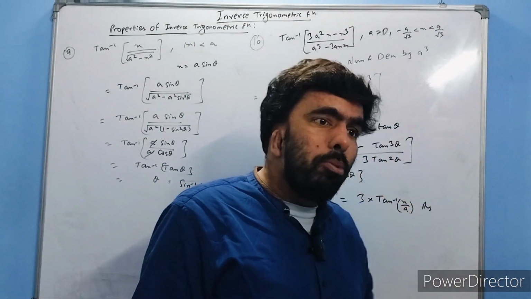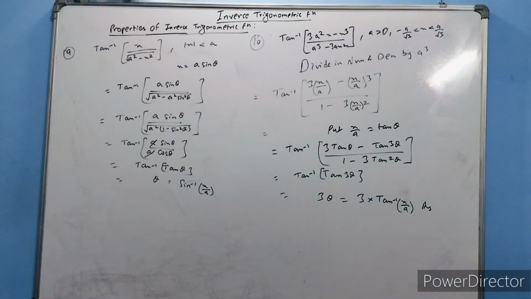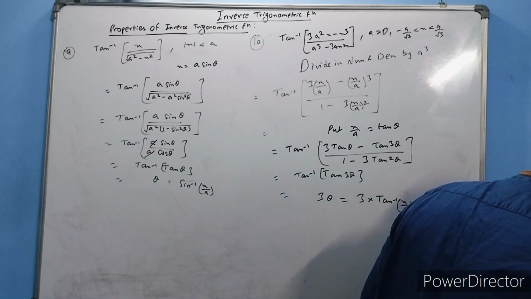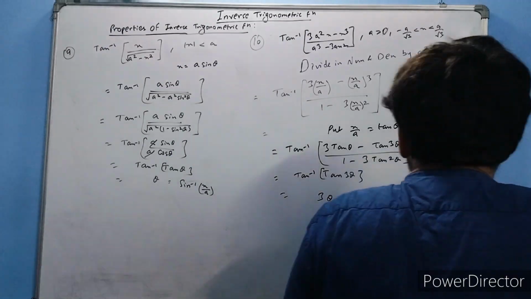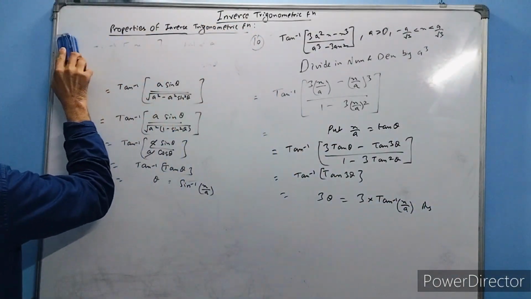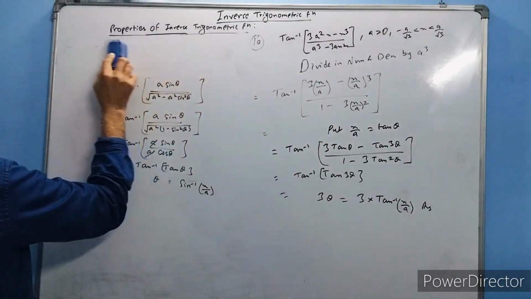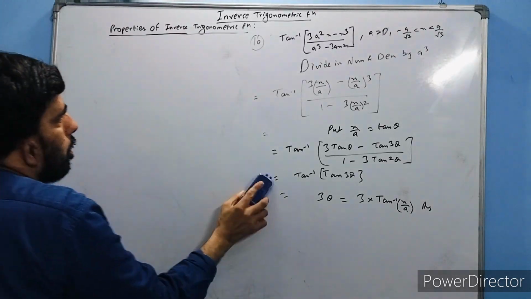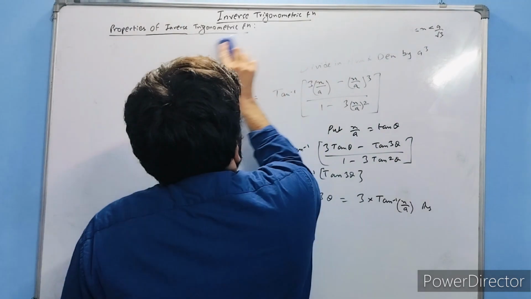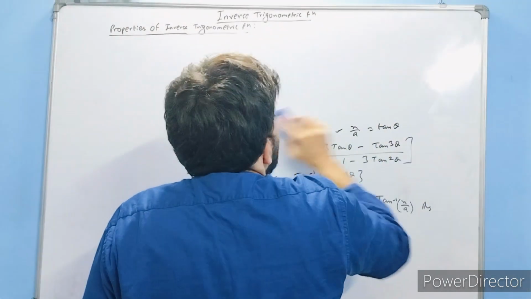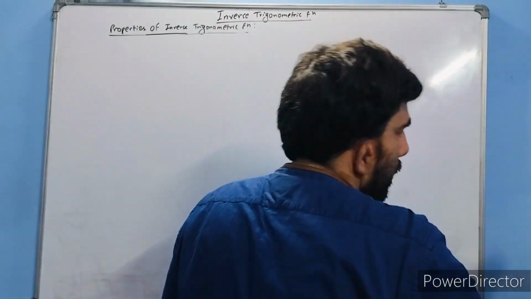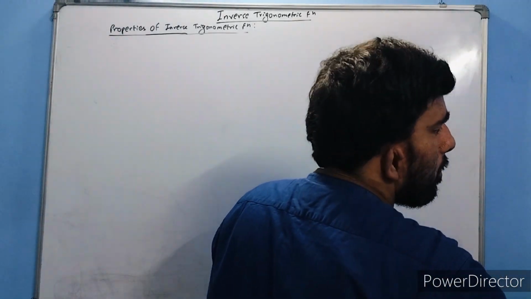Now let us try to solve the 11th question. We have just solved 10 questions. Now we'll try to solve the 11th one, and see how we can solve it.